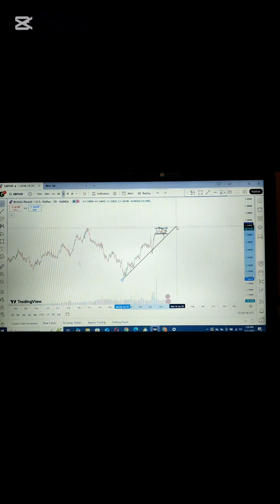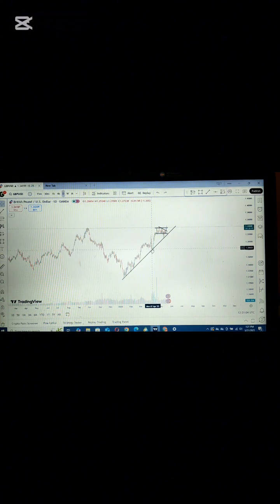And if you notice, I bypassed this spike here because it doesn't really go with the other zones. So that's why I felt free to bypass it. And as you can see, price came here, respected the trend line, and actually pushed back up.